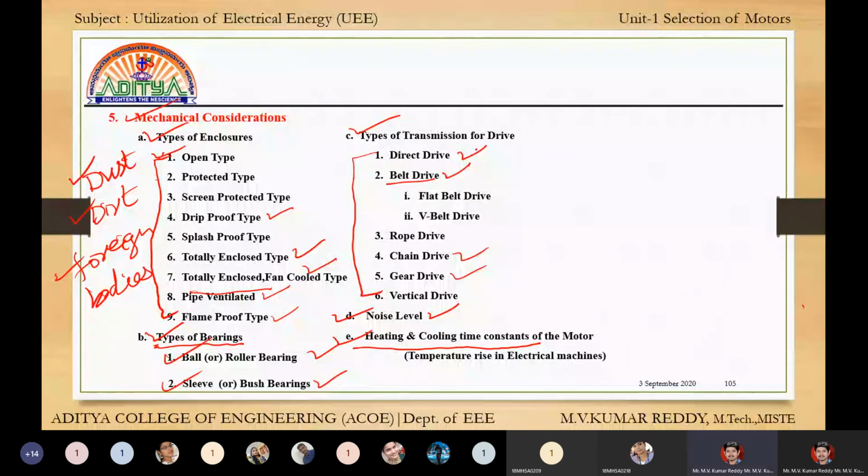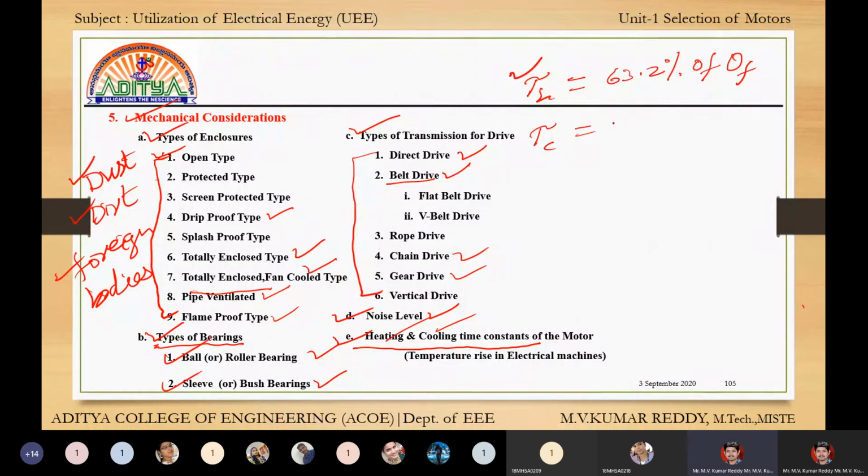In heating and cooling, we have a heating time constant tau H and a cooling time constant tau C. The heating time constant is the time taken by the motor to reach its temperature from 0 to 63.2% of its final temperature; then it is called the heating time constant.